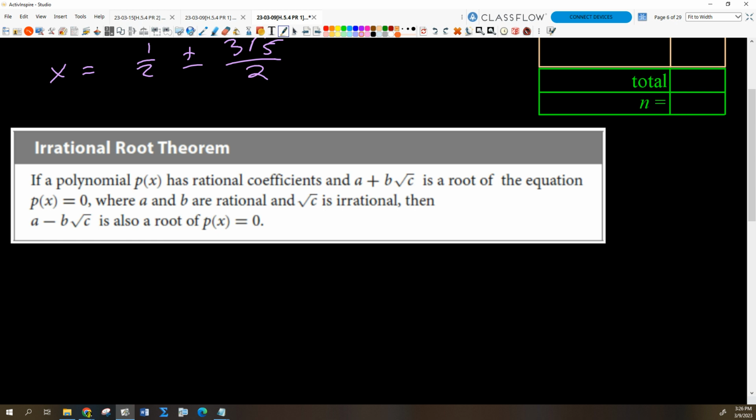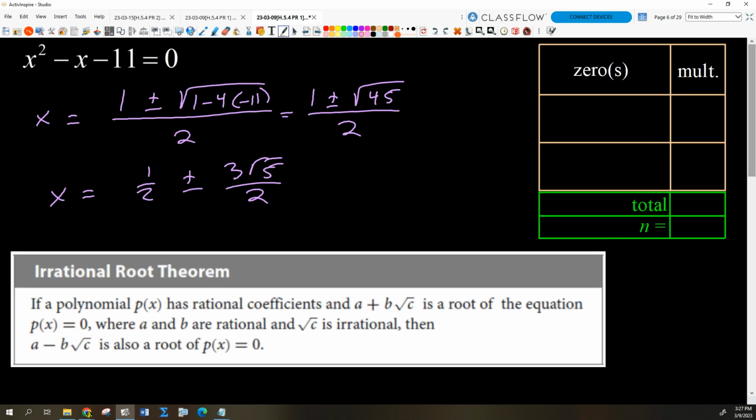This is not a complex conjugate pair, it's just a conjugate pair. It has to come with a plus b square root of c and a minus b square root of c, right? That's what happened, isn't it? We got this rational term and this irrational term, so that's like our a.